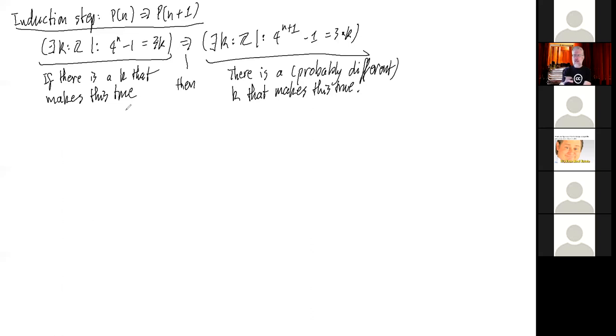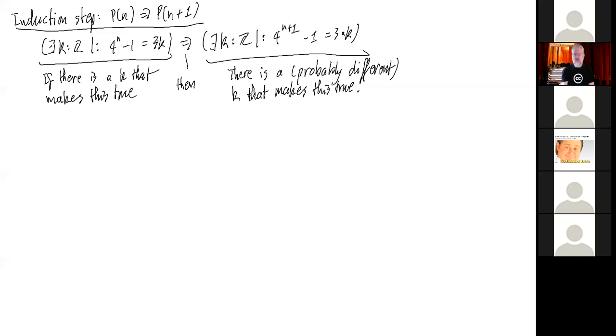Now, from a computational standpoint, this is one of these places where, for most of your computer science majors, not all of you, one way to think about this is: if I have a k that works here, it would be nice if I could compute in some way the k that made this work.